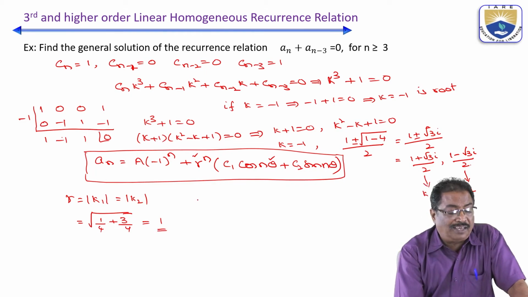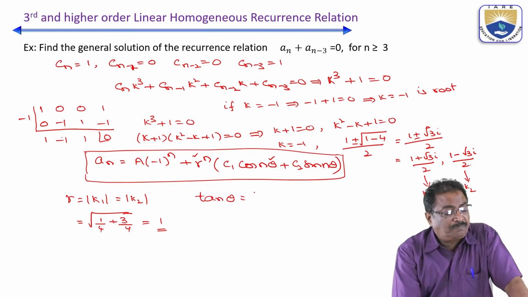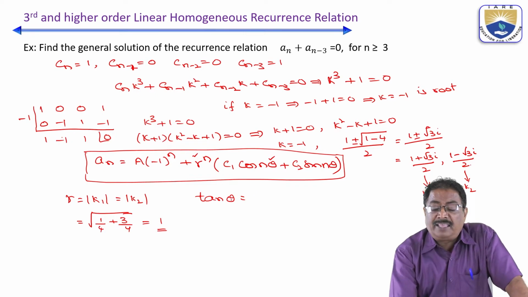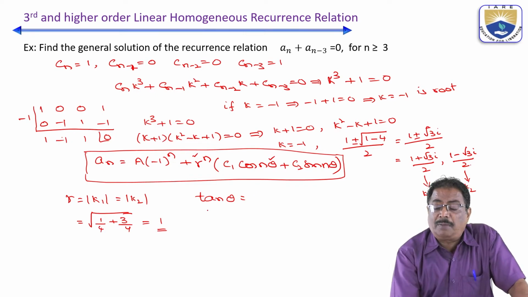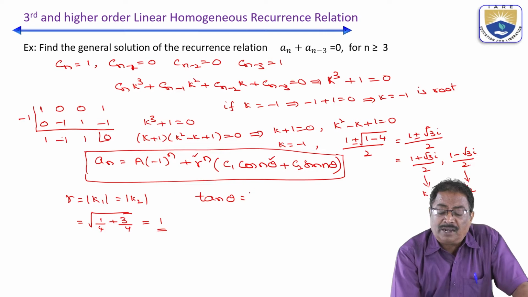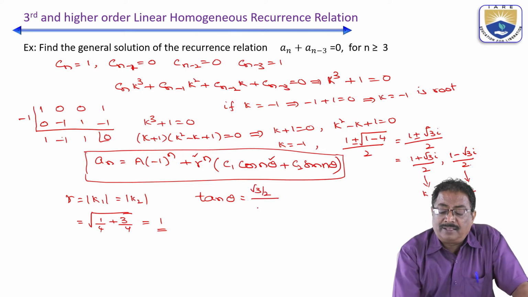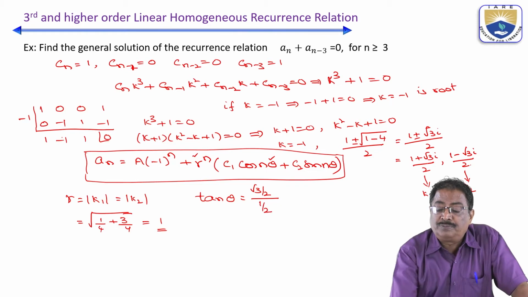And for theta, I take tan theta equal to the imaginary part by the real part. The imaginary part is root 3 by 2 and the real part is 1 by 2.